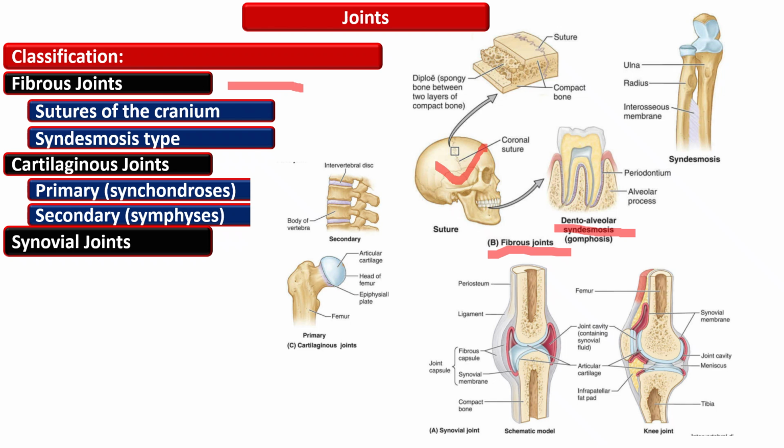The cartilaginous joints are characterized by the formation of joint by hyaline cartilage or fibrocartilage. As we know that there are three types of cartilage. One is fibrocartilage, another is hyaline cartilage, and third one is the elastic cartilage.